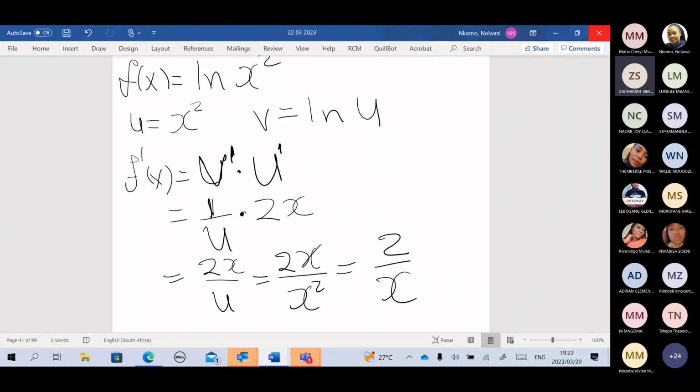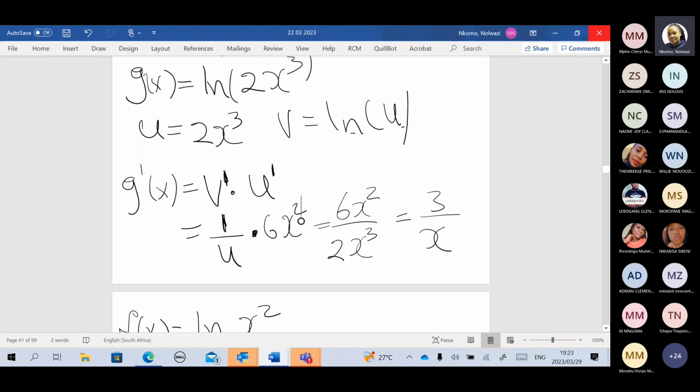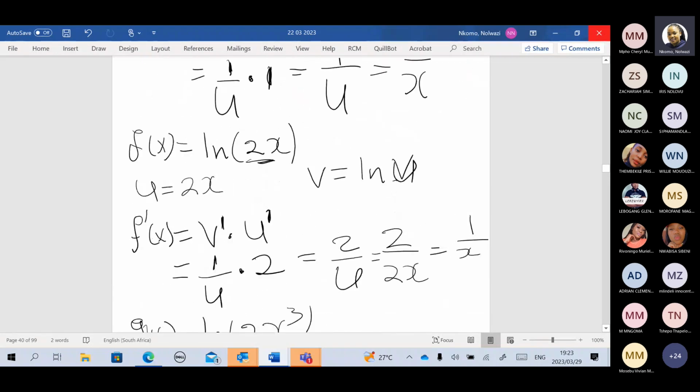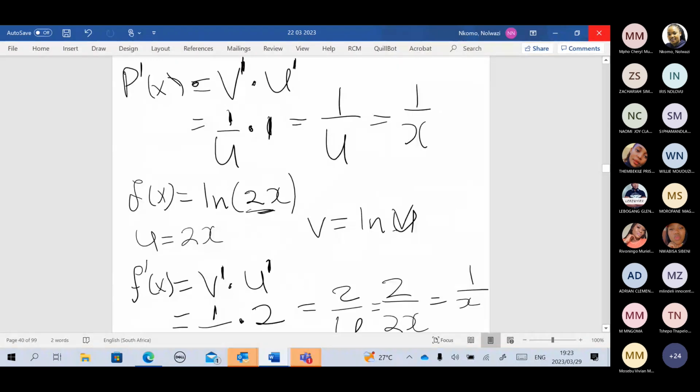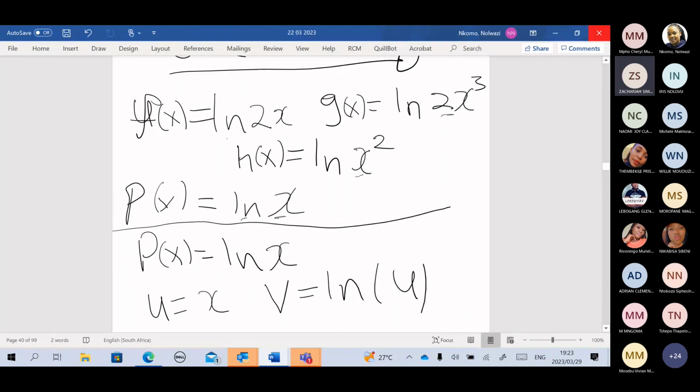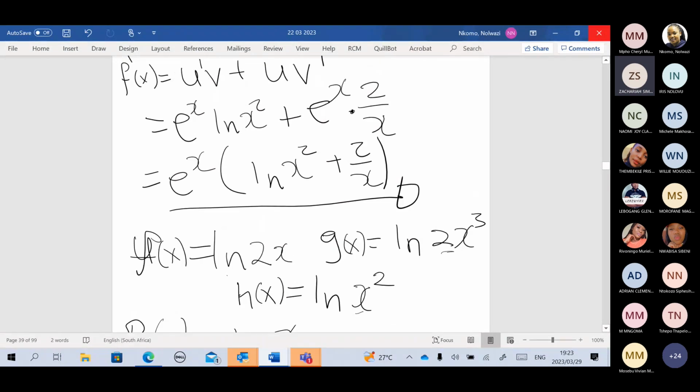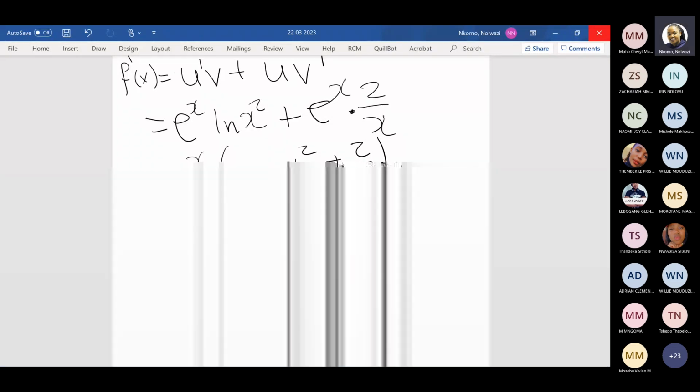Mr. Ngoma, can we get the answer for the second derivative? That's where it differentiates the first derivative. What did you get as your answer? I think we're at the first derivative, and the original question said we need to work it to the second derivative. You have to do the product rule again. The answer is e to the x ln x squared plus 2 over x.